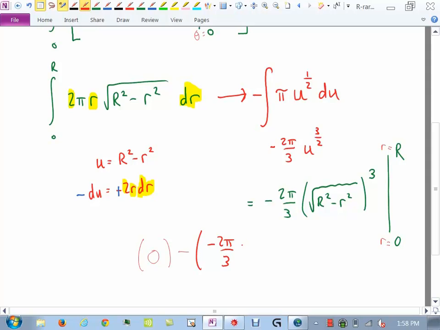Now plug in 0 for little r, and we get what? The square root of capital R squared, which is just capital R, but then cubed, so we get R cubed. And if you do a double negative, it becomes positive, right? So 2 pi over 3 capital R cubed, that was half of it, right? That was half of it. Double that, you get 4/3 pi R cubed.